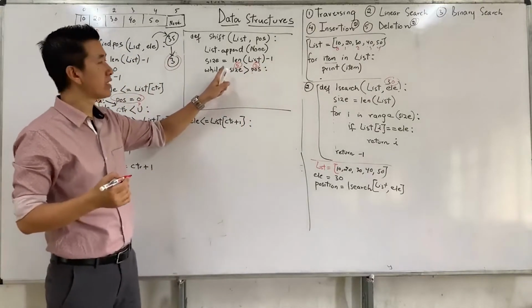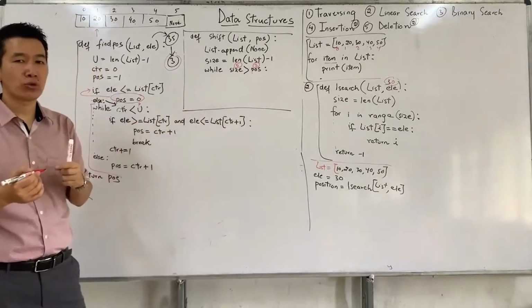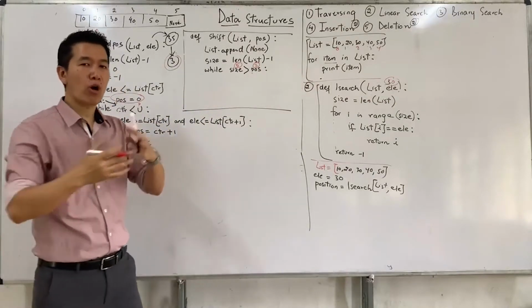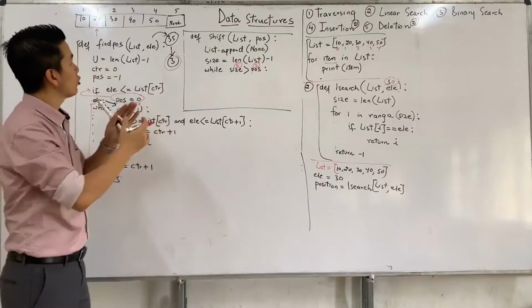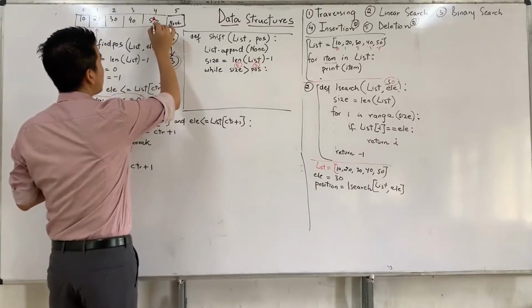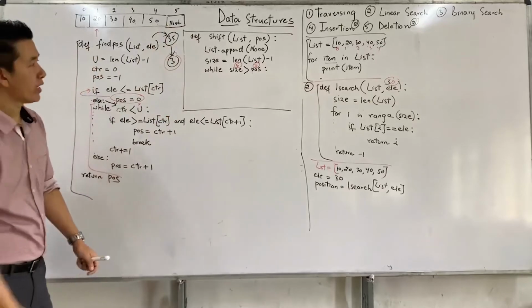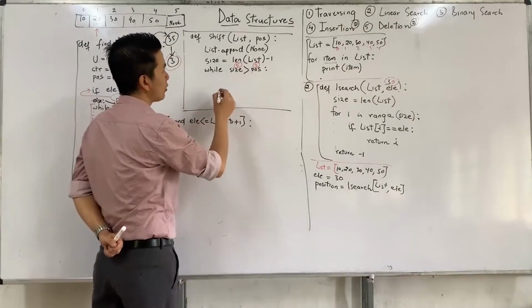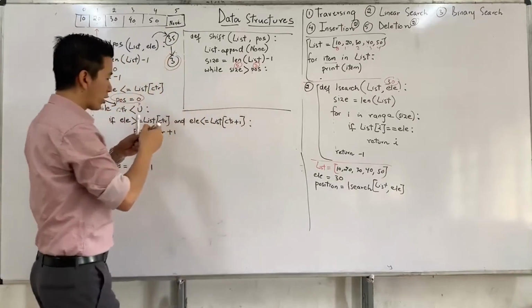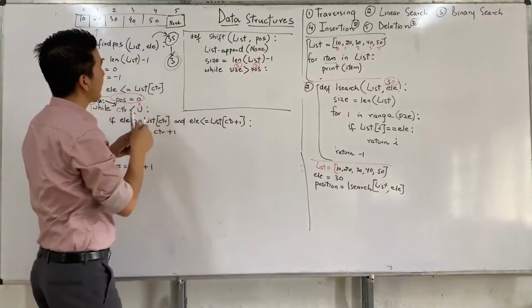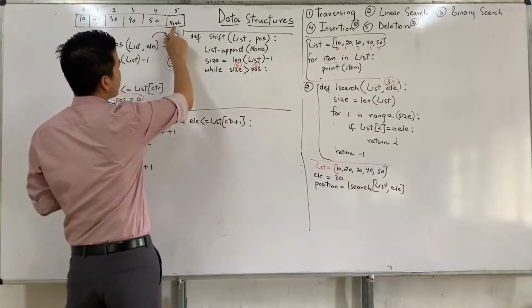As long as this condition is true, I need to keep transferring the value from index number 4 to 5 and 3 to 4. So how do I copy from here to here? How do you refer to this?